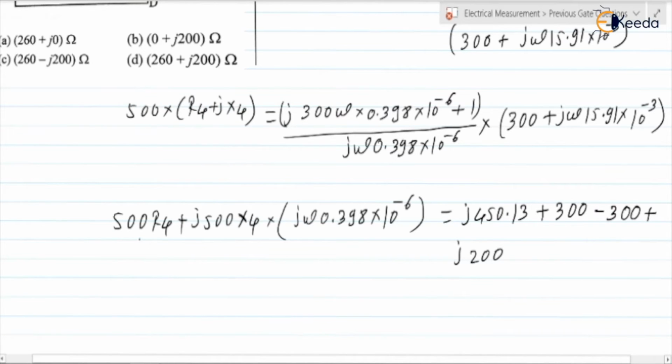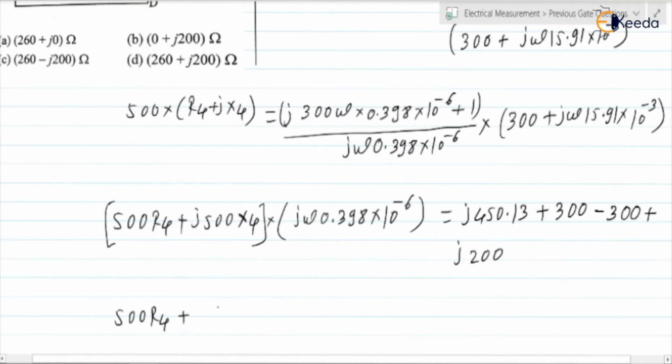Next, further we can write 500 into R4 plus, actually one bracket should be there, right.